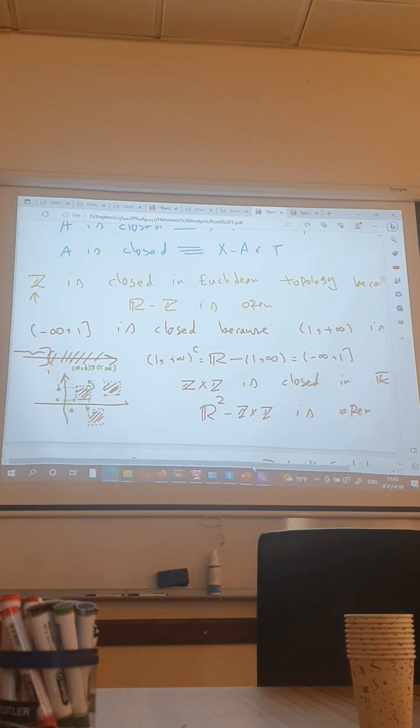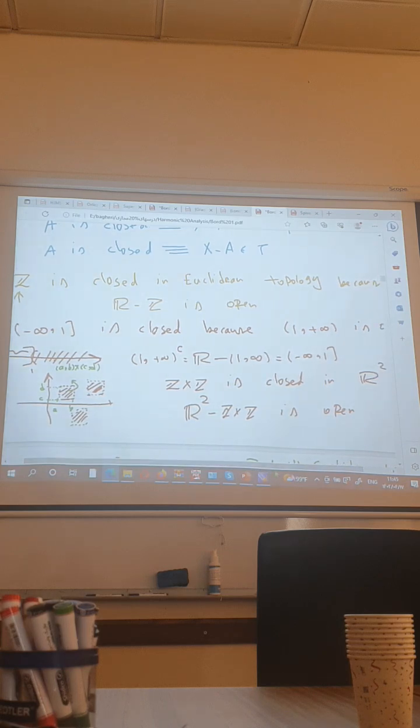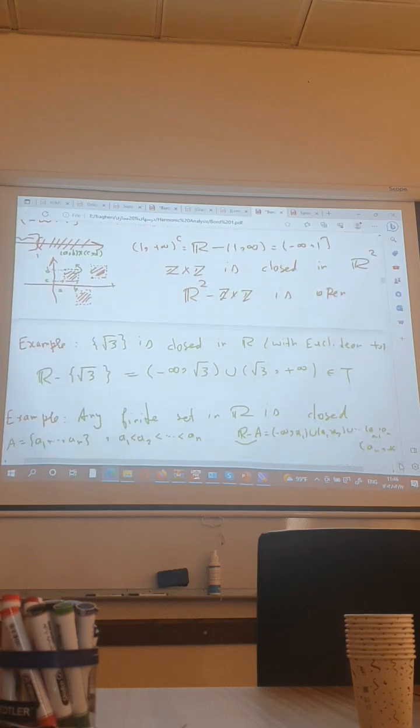The product of Z by itself is closed in R2 because R2 minus this set is open. All of these are open, okay? So that its union is open. This is open, so this must be closed. Its complement must be open.